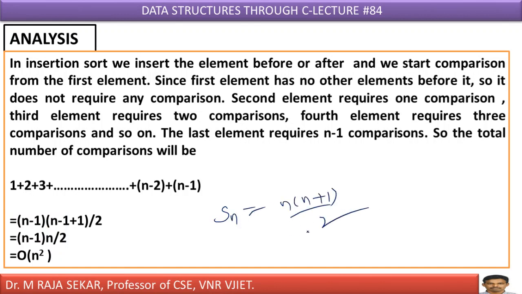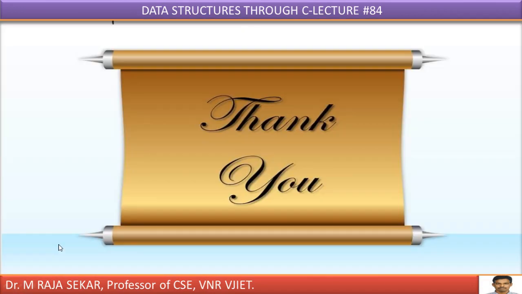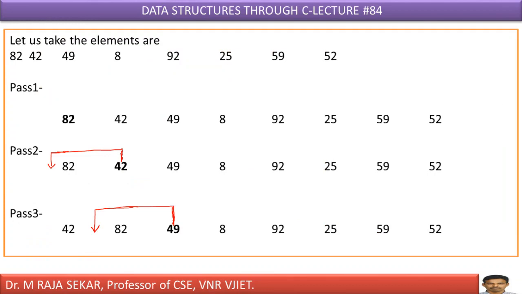But it is the summation of the first n minus 1 natural numbers. Therefore, n minus 1 into n minus 1 plus 1 by 2. Therefore, the minus 1 plus 1 will get cancelled, giving n square minus n by 2. Therefore, this must be big O of n square, isn't it? That's what it says. This time complexity is big O of n square.